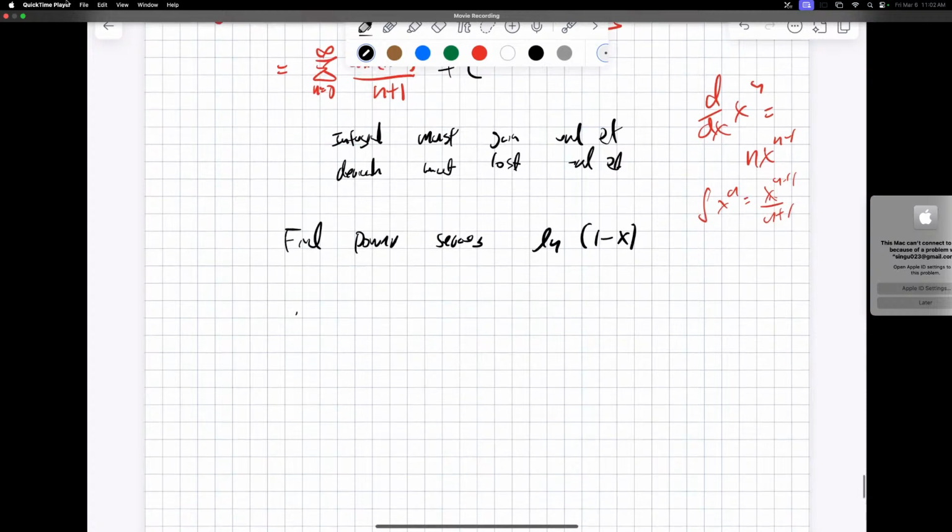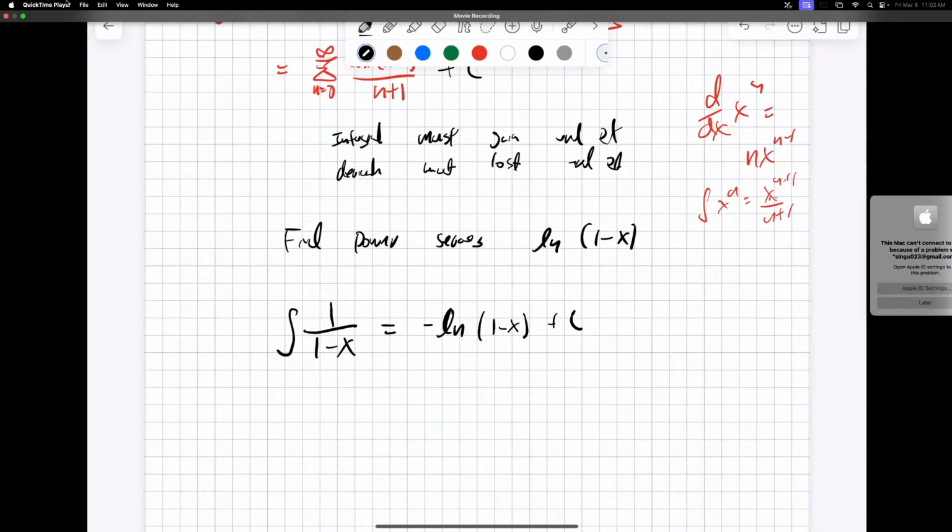Good. So do you realize that integration of 1 over 1 minus x is equal to negative natural log of 1 minus x, plus c?